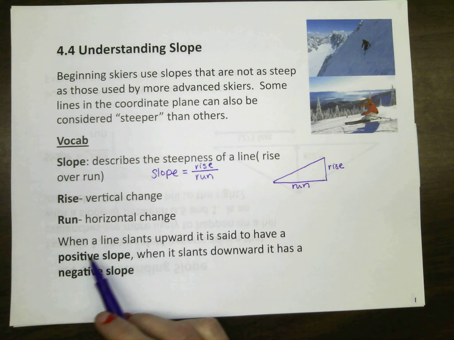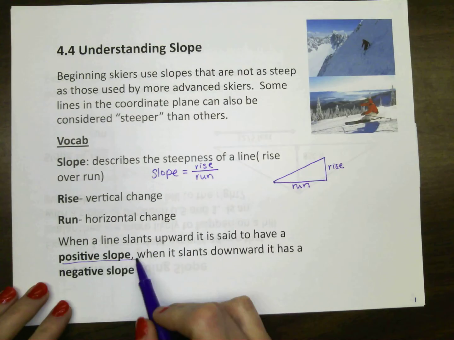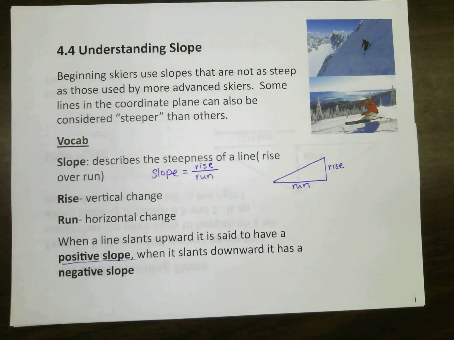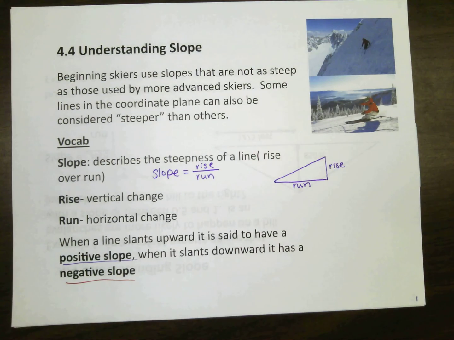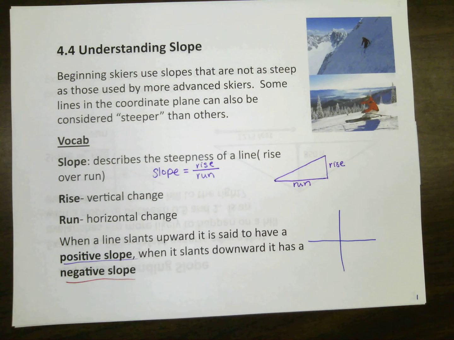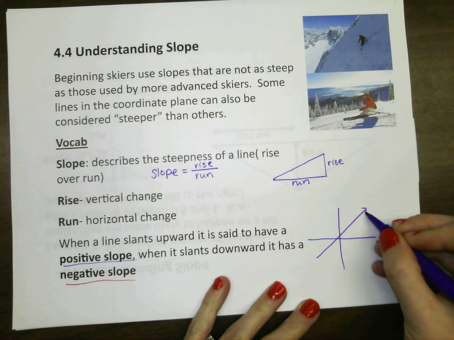When a line slants upward, it is said to have a positive slope, and when it slants downward, it has a negative slope. So for example, if we had our coordinates like this, and a line going this way, this would be a positive slope.